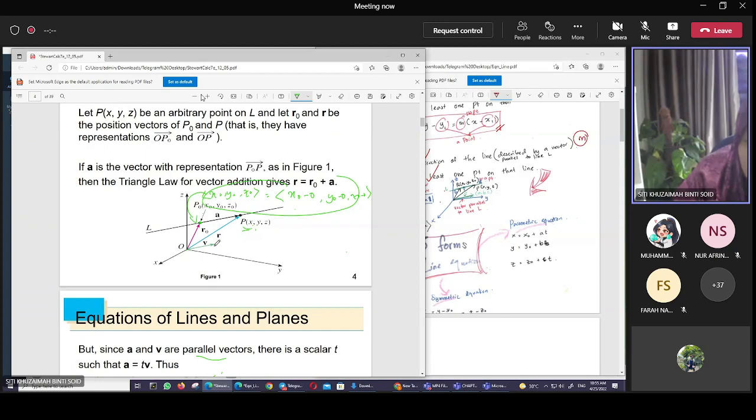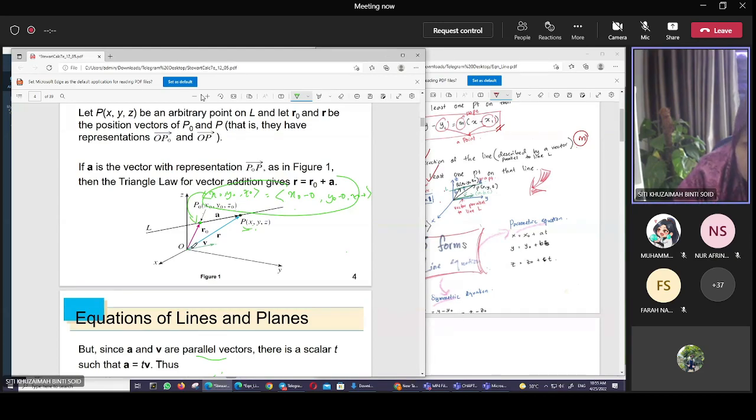Kita perlukan one parallel vector. But sometimes it doesn't give such this. Kita kena faham, we must have an ilmu that the parallel vector can also be obtained through this line. Line ini is parallel to this vector.